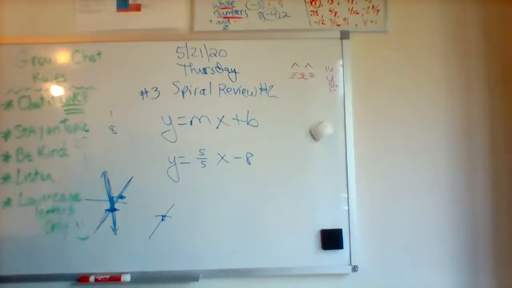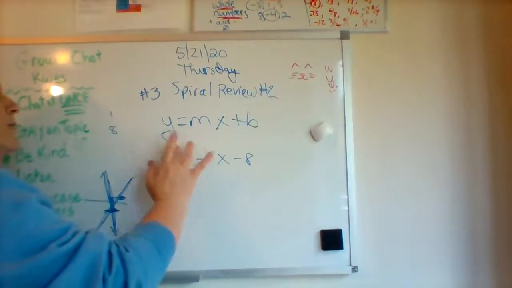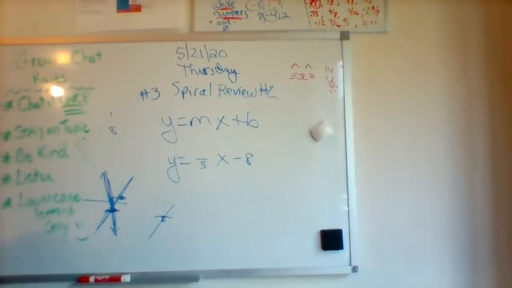Oh, only 5 right. Okay, so you want me to erase this one. Okay, if you go 5 units to the right, how many do you have to go up or down in order to reach the corner?